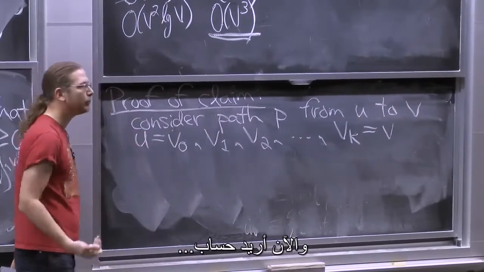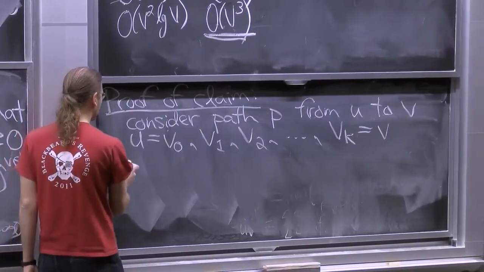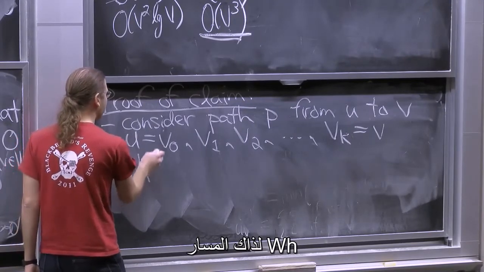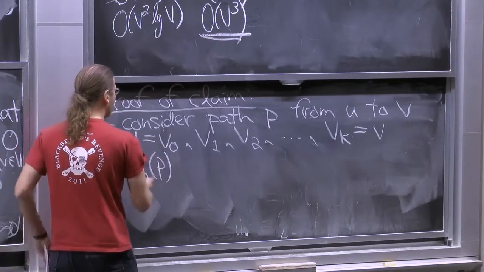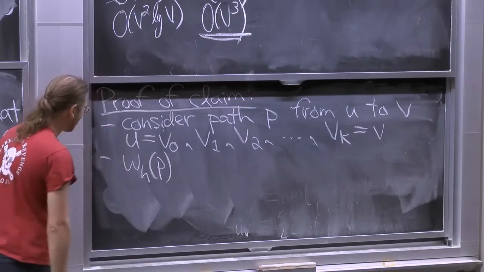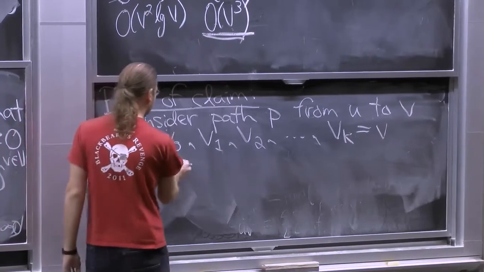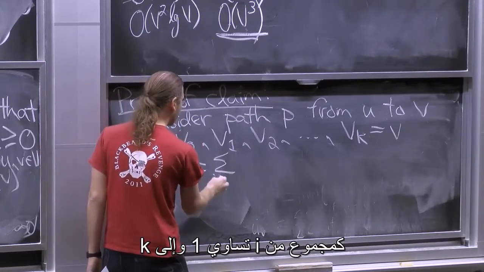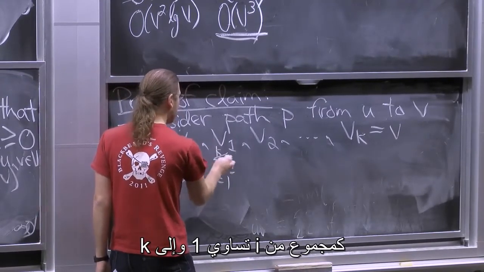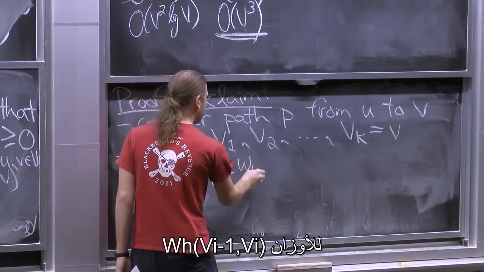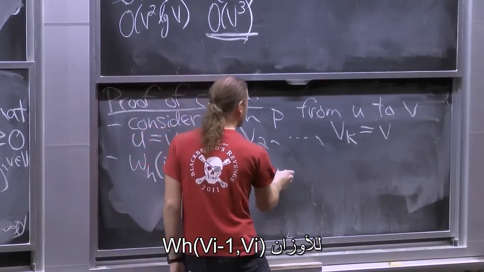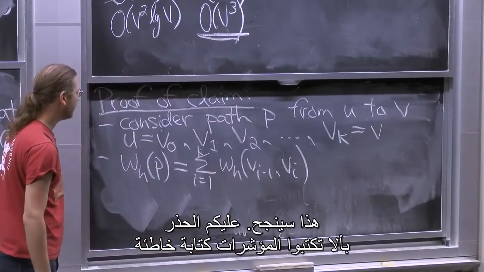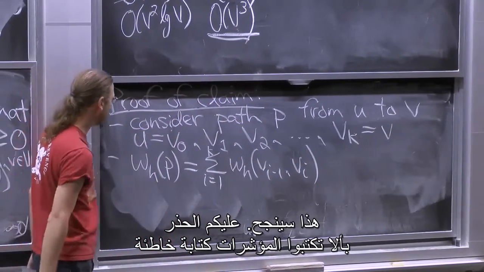And now I want to compute the w sub h of that path. Excuse me. The weight of a path is just the sum of the weights of the edges. So I can write this as a sum from i equals 1 to k of w sub h of v_{i-1}, v_i. I think that works. Got to be careful not to get the indices wrong.